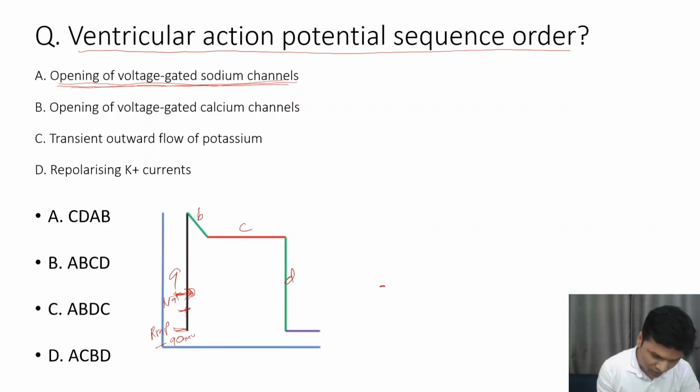B is because of potassium efflux. Potassium is going out, and there is also a calcium influx. Calcium will come inside while potassium is still going out.